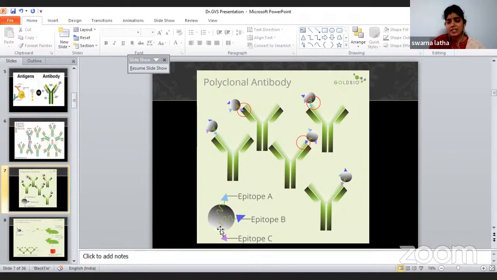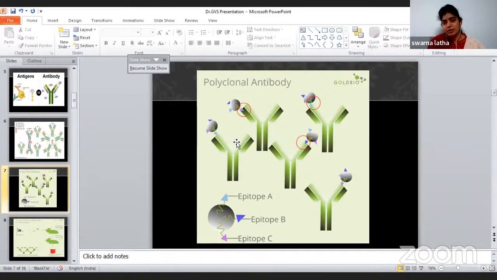Here you can see in this diagram, this is an antigen with 3 different epitopes, epitope A, B, and C. Here is a group of antibodies, and these antibodies we call polyclonal antibodies. The variable regions of these antibodies may be binding to any of these epitopes.